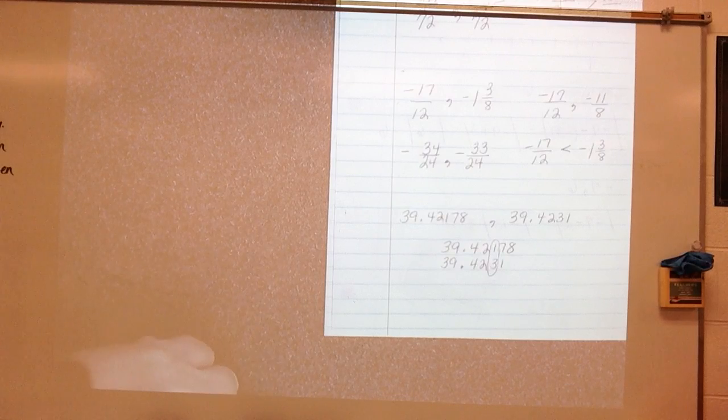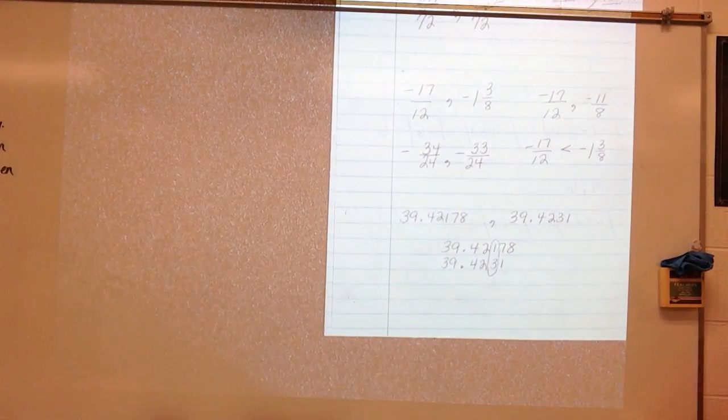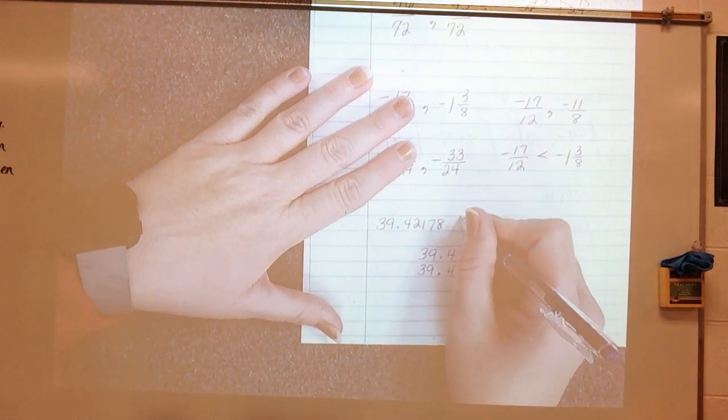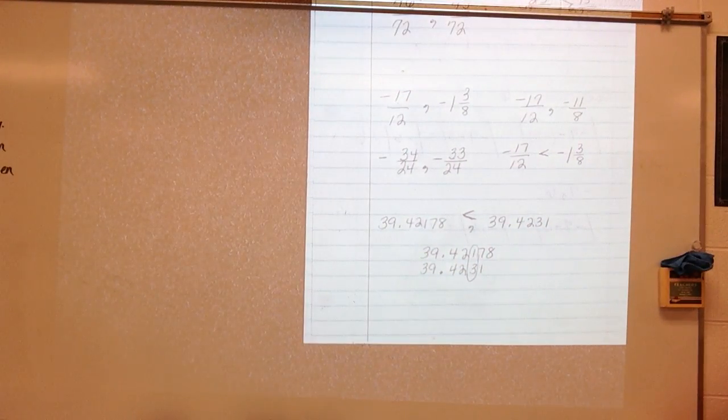So the third digit after the decimal is where I have my change. 1 is less than 3. So therefore, this number is smaller than this number. So I would put a less than sign in there.